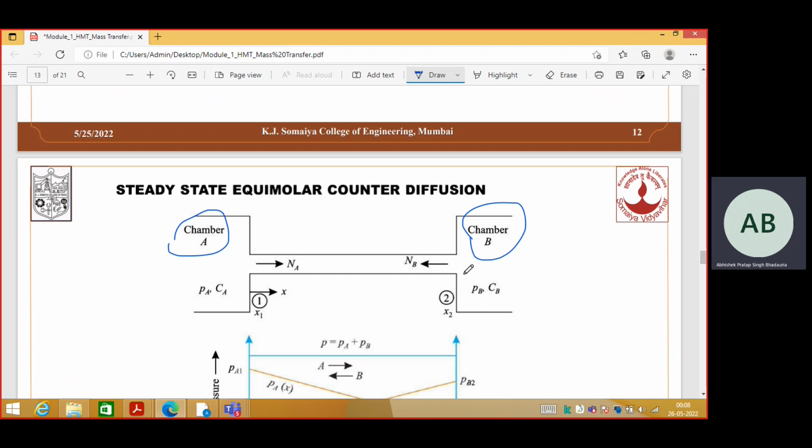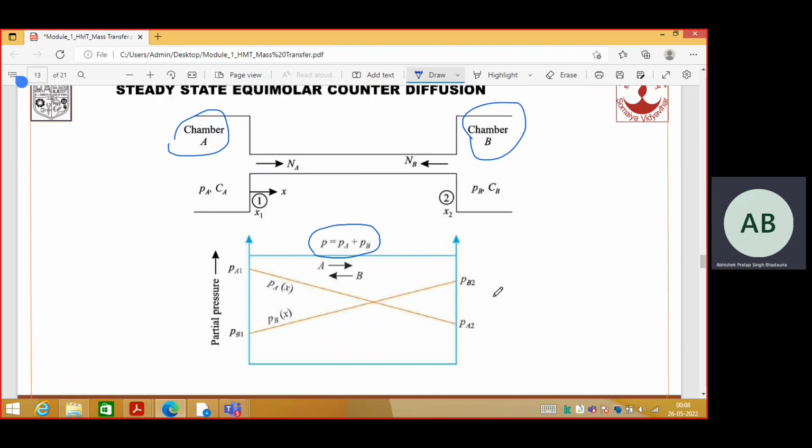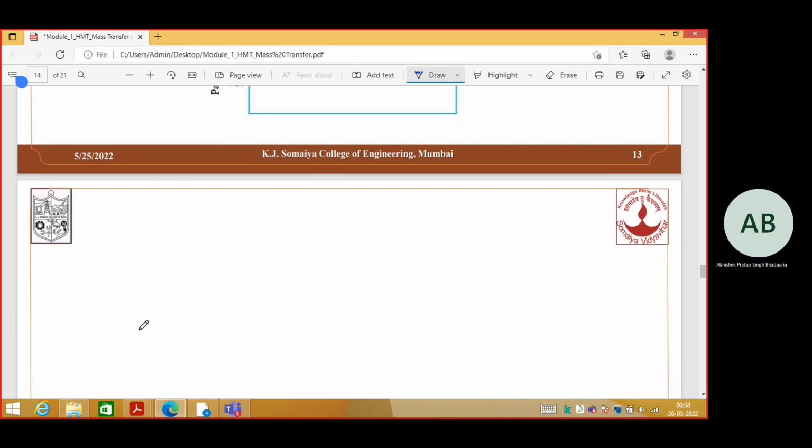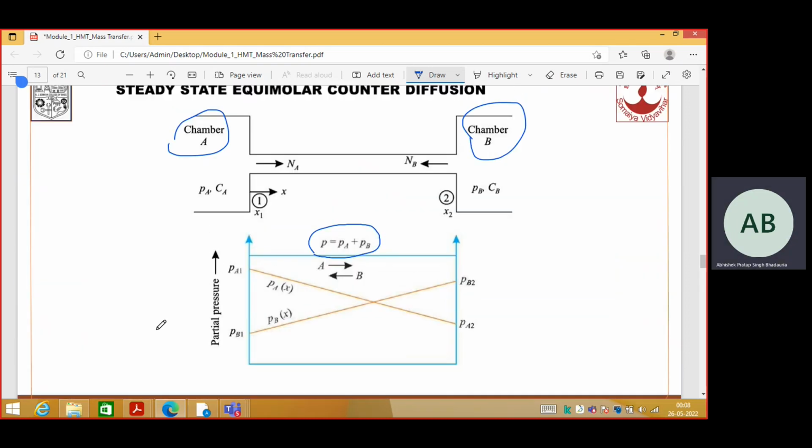The total pressure, we know, is P equal to PA plus PB, so that will be uniform throughout, and the specific concentration will be maintained constant in each chamber. Now if we use Fick's law of diffusion, we can calculate NA.